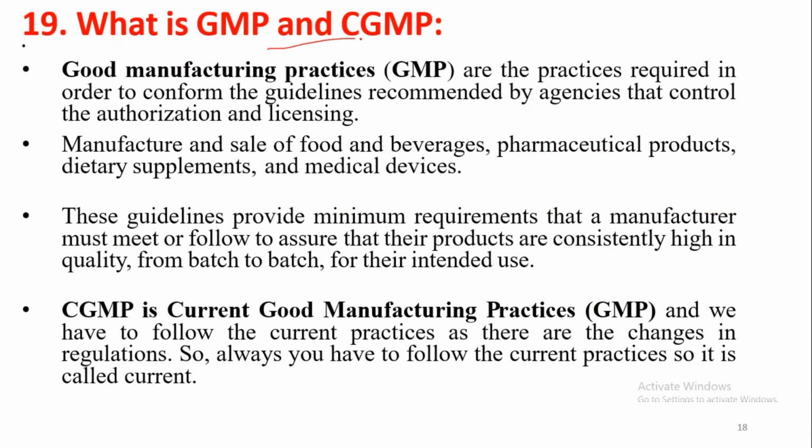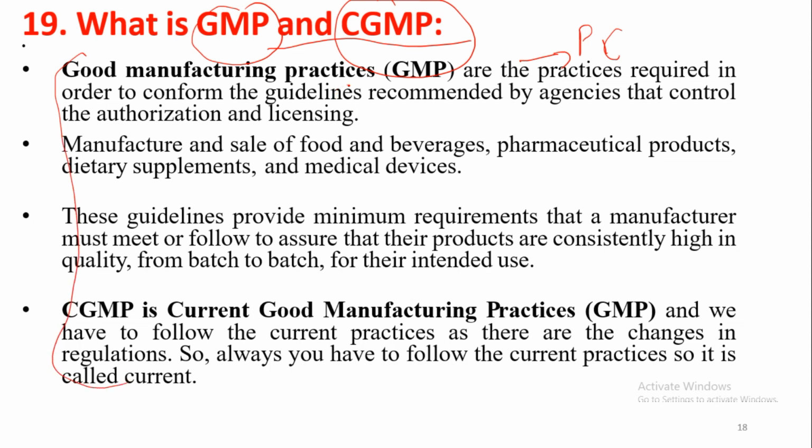What is GMP and CGMP? As you enter into a pharma company, first of all, they will teach you these things. What is GMP? What is CGMP? So if you understand at this point what these things are, you will not be surprised there.